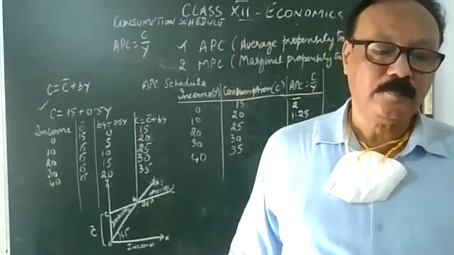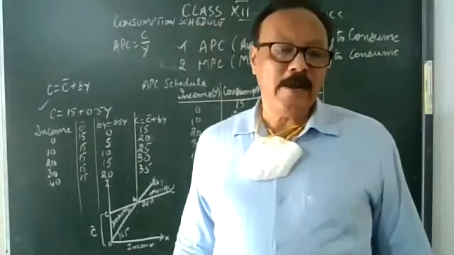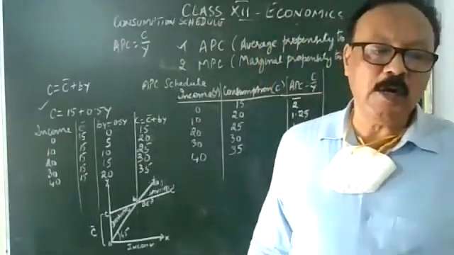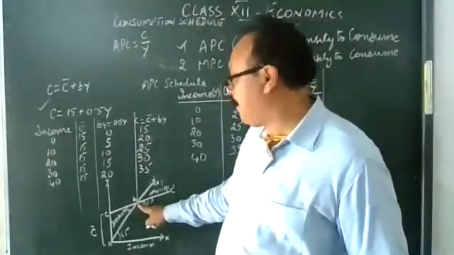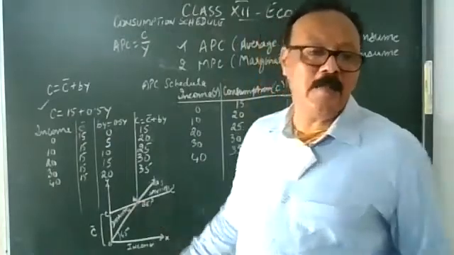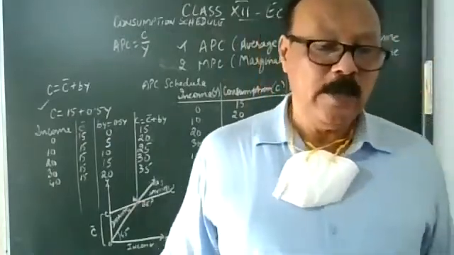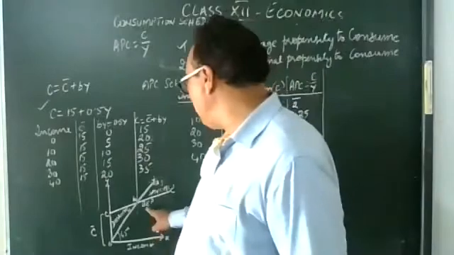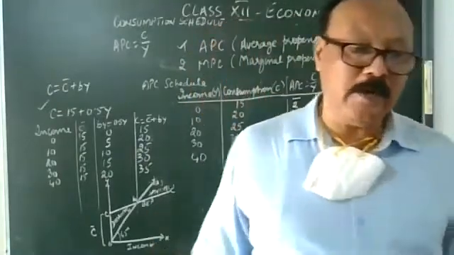Fourth, the point where consumption is equal to income, this point A, the point where income is equal to consumption, is known as BEP, break-even point.